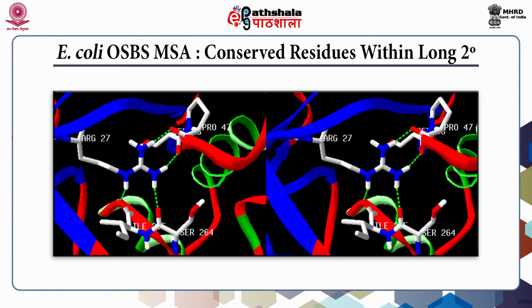It is clear from the 3D structure that conserved arginine at position 27 has several electrostatic interactions with carbonyl groups of the main atoms of distantly placed serine 264, isoleucine 265, serine 46 and proline 47. Therefore, mutating this residue will result in a decrease in catalytic efficiency of the enzyme.